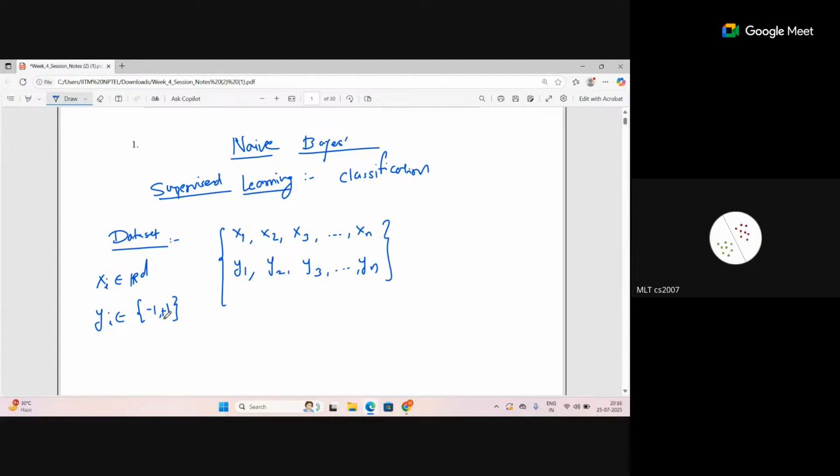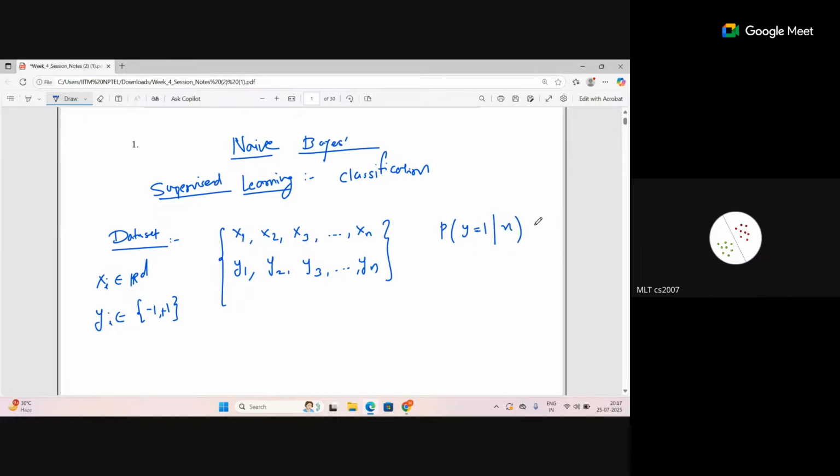Based on whatever x you have, given the data, you try to predict something, or we try to model this kind of relationship: the probability that y equals 1, whether this label is equal to 1, given the data.